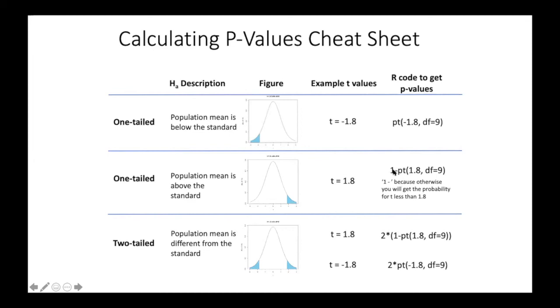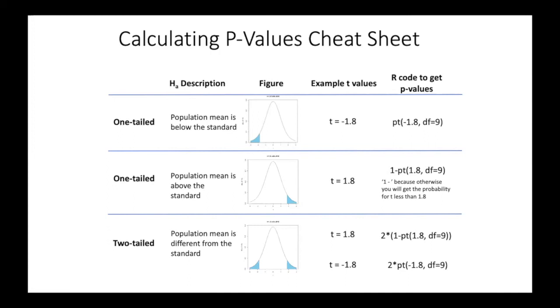So in this case, instead of getting the area to the left and answering our question that way, we can instead let R give us the area to the left, and we subtract that value from 1 to give us the area to the right. So we're simply calculating this area, knowing that the value that R gives us from this command plus the area that we want is going to be equal to 1.